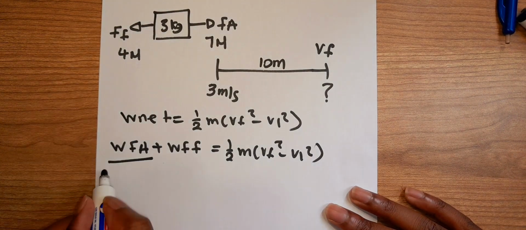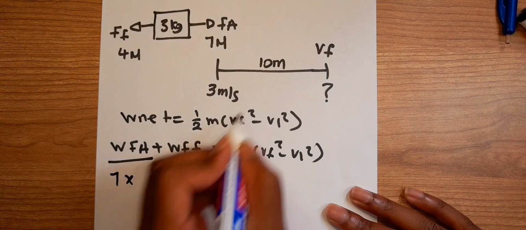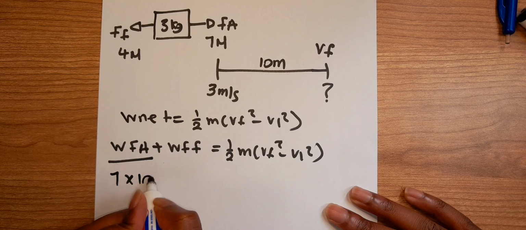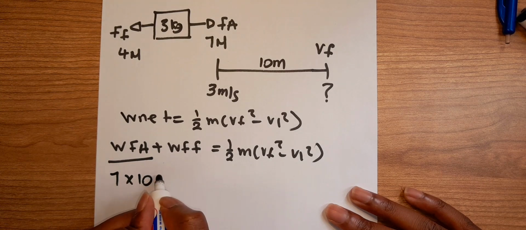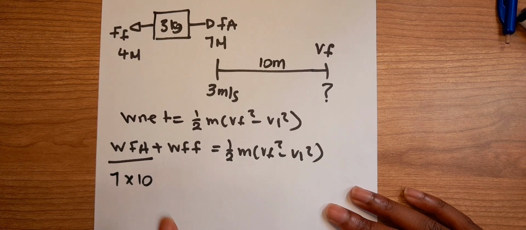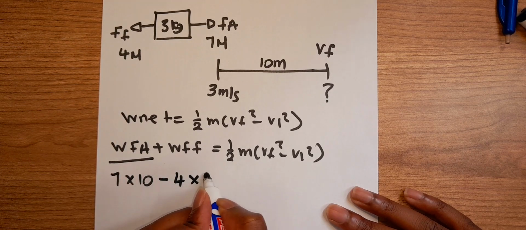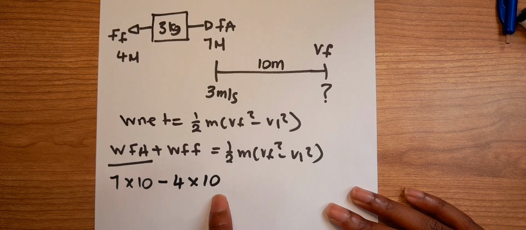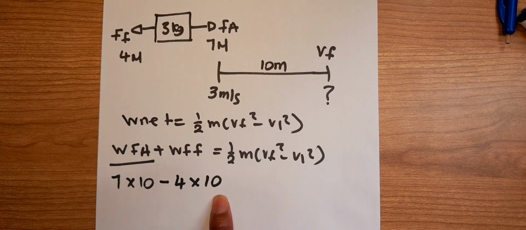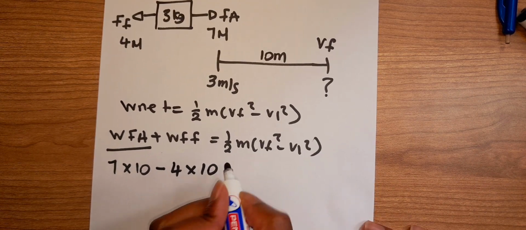It's going to be 7 times 10, the cos of 0, and we know cos 0 is 1. Then minus, the frictional force is going to be 4 times 10, the cos of 180 degrees. And that is why we're having this minus.